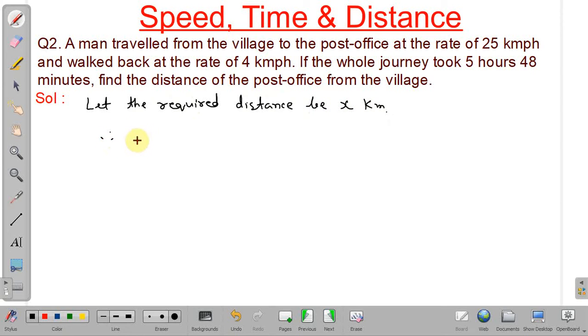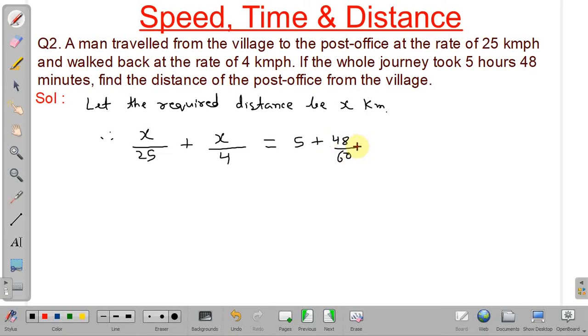So time while going to post office, it will be x divided by speed while going to post office, which was 25. Okay, and while returning, distance will be same, that is x, and speed will be 4, and total time is given as 5 hour 48 minutes. So we will convert 48 minutes to hour by dividing with 60.